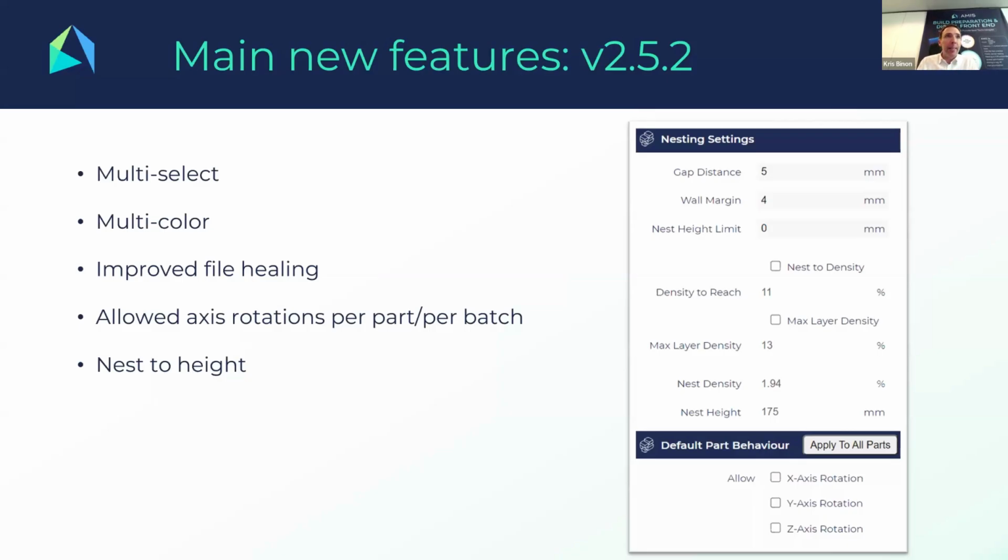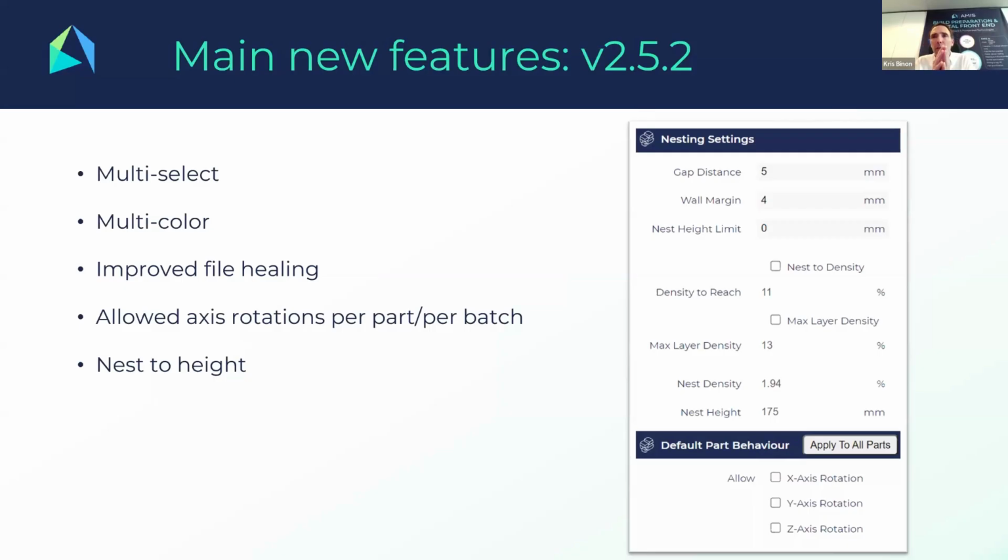We've got improved file healing. We've got disallowed access rotations, not only on a per part basis, but also on a per batch basis. I'm saying this very quickly, but perhaps not everybody knows what this is. It means that you can tell the algorithm that it is allowed to rotate parts over certain axes while nesting, either on a per part basis, so maybe part A, yes, you can rotate, and part B, no, you can't.